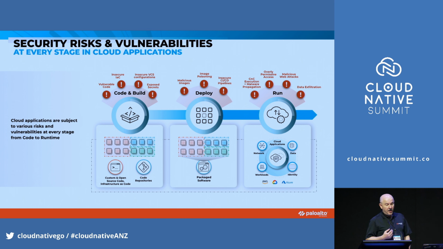So CNAPPs offer native IDE, VCS, and CI/CD integrations, and deep code scanning of infrastructure as code, applications and software supply chain, automatically embedding feedback directly into developer tools. This enables you to ship code that's secure by default without disrupting workflows. Software composition analysis can be used to identify vulnerabilities in open source packages. Secret scanning ensures we aren't exposing sensitive credentials.